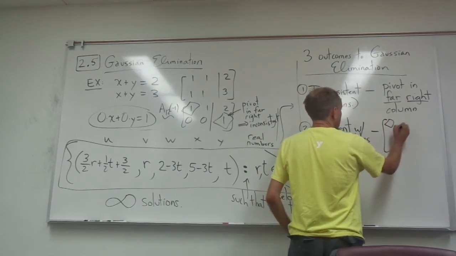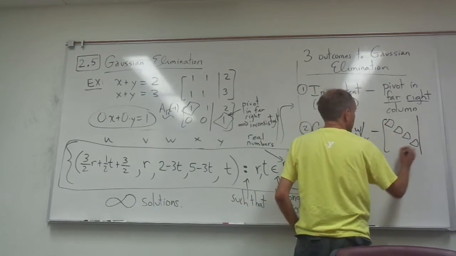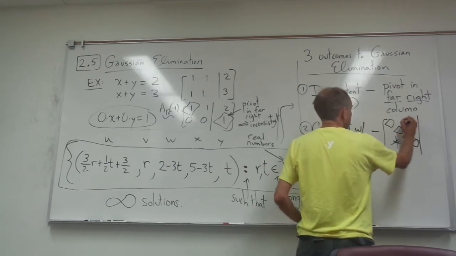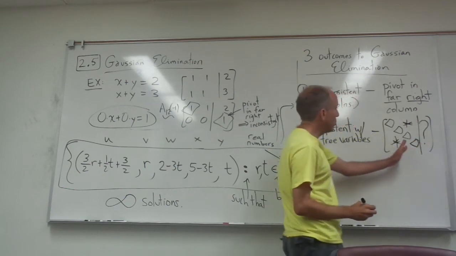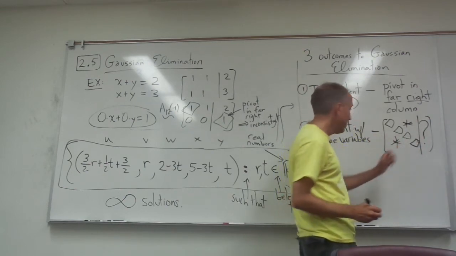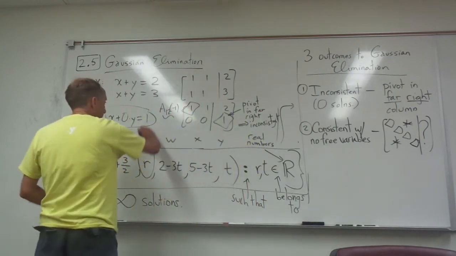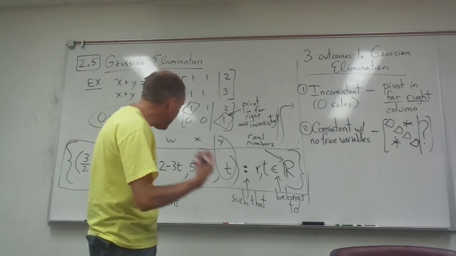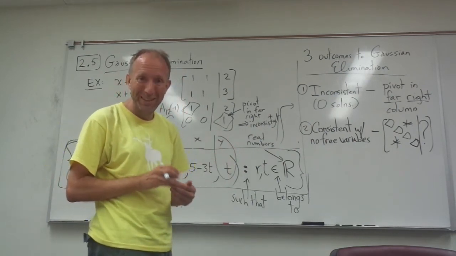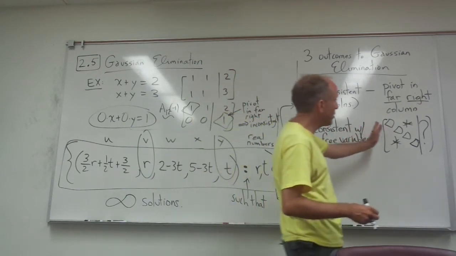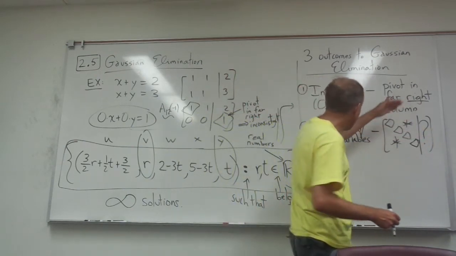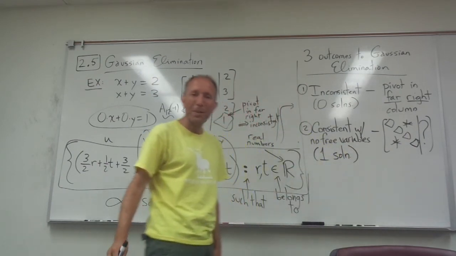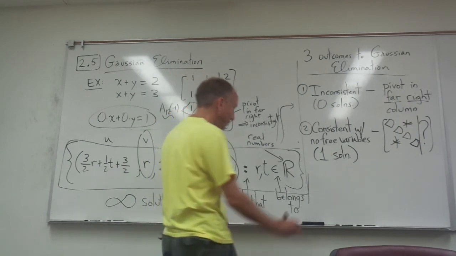You're going to have a pivot, a pivot, a pivot, a pivot, let's say, and then there's your augmentation bar right there. The rest of the numbers, I don't know what they are, but the point is, there's no unpivoted columns. Why were v and y free variables? It's because they were not leading variables. They had no pivots on them. But if every variable has a pivot like this, then when you solve by back substitution, you will just get one solution that has specific numbers in it.